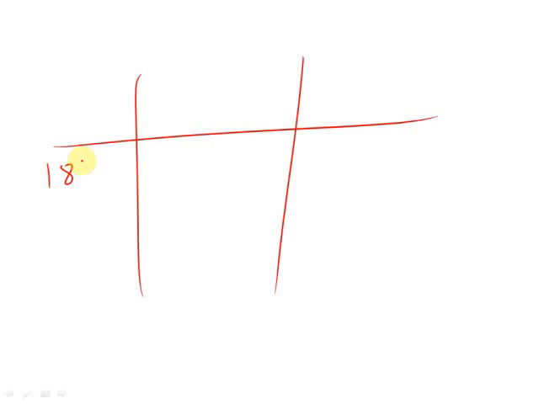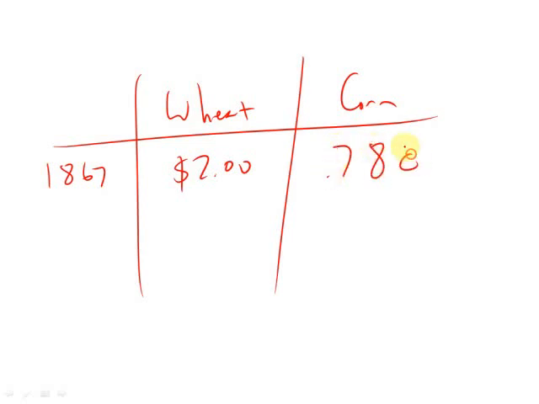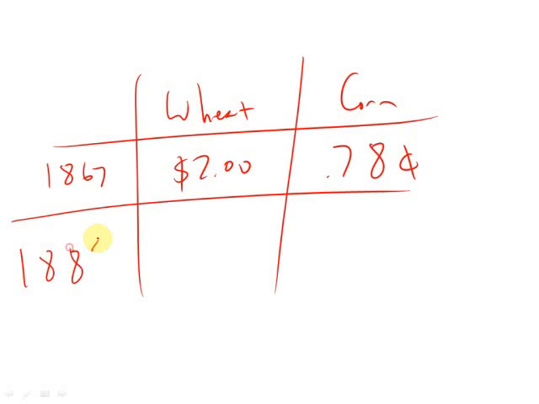In 1867, the price of wheat was $2, and the price of corn was 78 cents. Okay? By 1889, because of overproduction and global competition, what's going to happen to wheat? It's going to fall in price. The wheat's going to hit 70 cents, and corn is going to reach 23 cents.